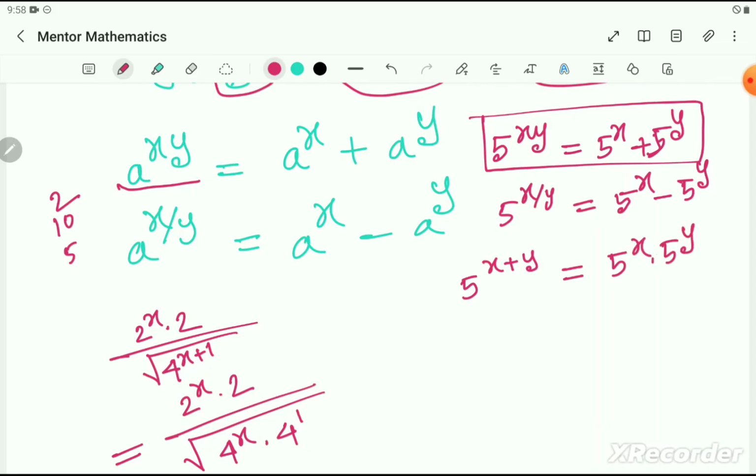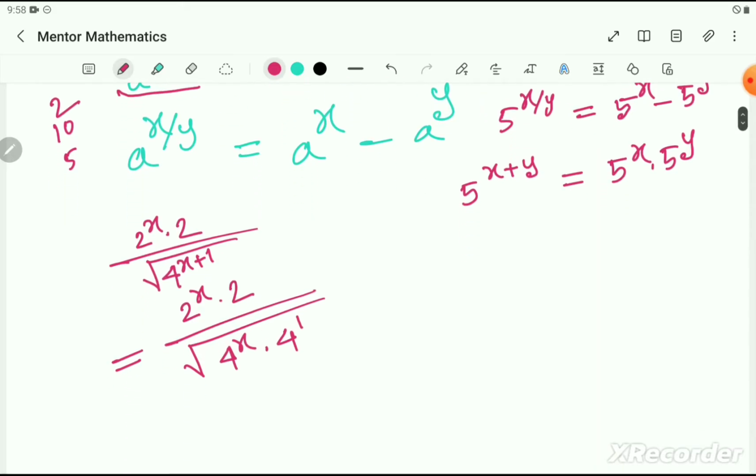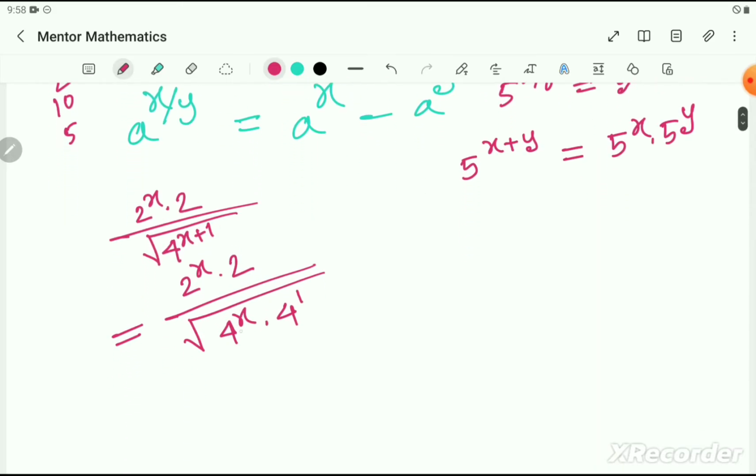So I just write like this, root over 4x dot 4 power 1, and then we can write 2 power x dot 2, root over 4x dot root over 4 power 1.